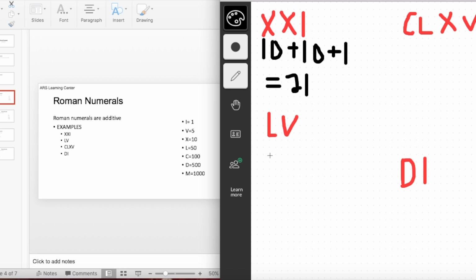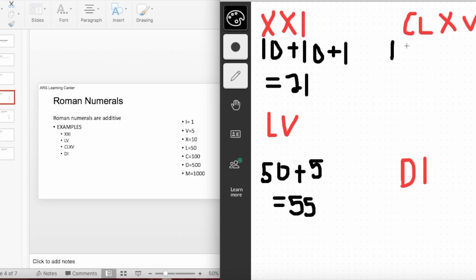Let's look at the second example. LV. L stands for 50, V stands for 5. So we have 55. Next we have CLXV.